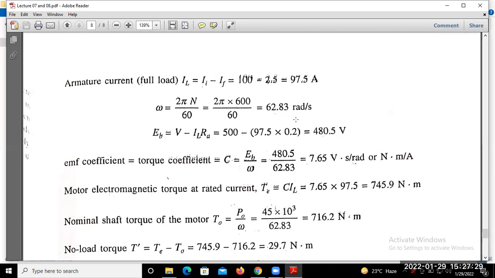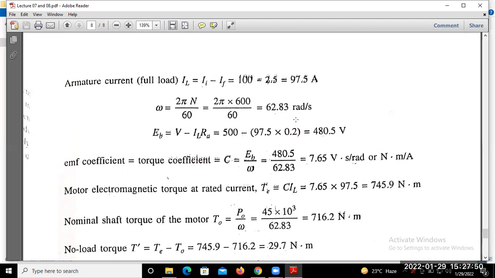So the back EMF equals how much? In the DC shunt motor, back EMF Eb equals V minus IA RA. The supply voltage of the DC motor is 500 volt, given to you.